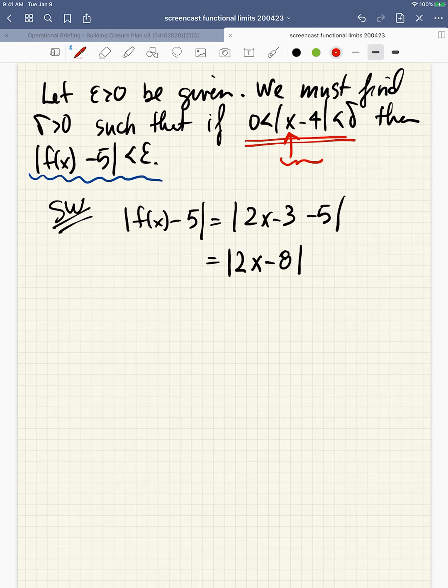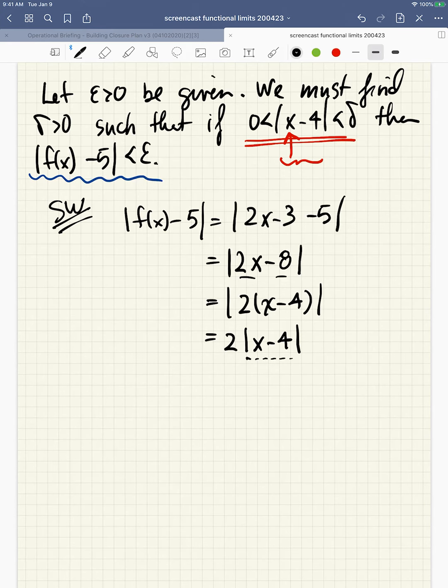So if possible, I'm going to try to make something that looks like absolute x minus 4 show up in my scratch work. Let me go back down here. Notice my two terms here, they're divisible by 2. So I'm going to factor out a 2. And boy, howdy, look at that. Isn't that awesome? This is the same thing as 2 times absolute x minus 4.